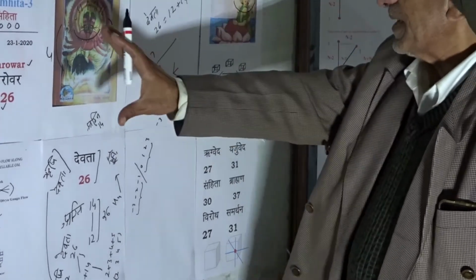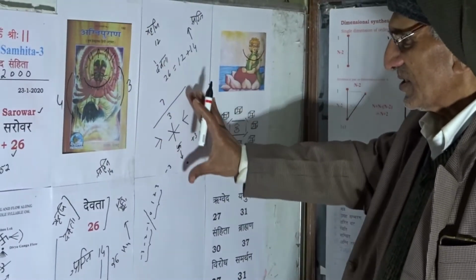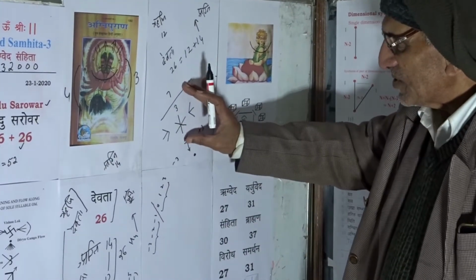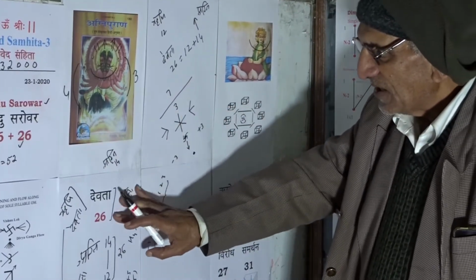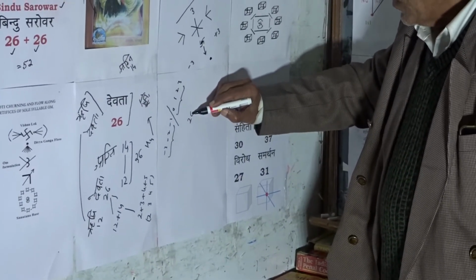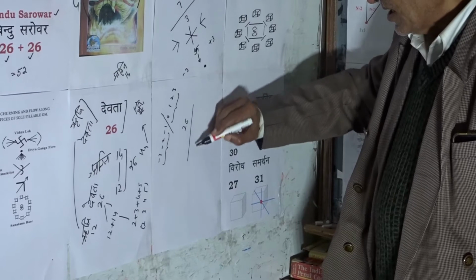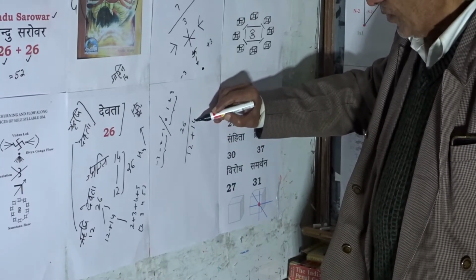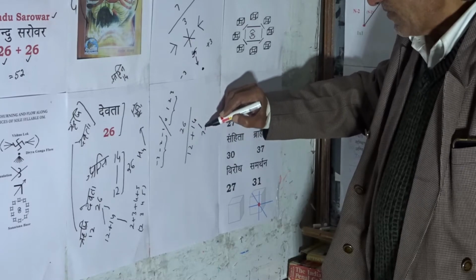Therefore, this split as such is a split of 7 geometries range, and the Devata value 26, which had an organization 12 plus 14, and we know 14 is equal to 7 plus 7.